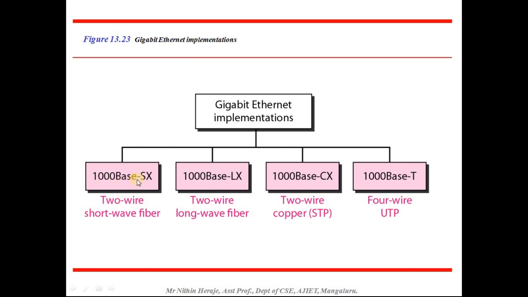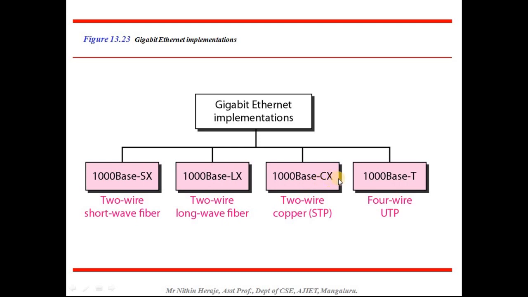We have 1000 base SX, which means that 2-wire shortwave fiber cables are used. 1000 base LX, where 2-wire long wave fibers are used. S stands for shortwave fiber, L stands for long wave fiber.